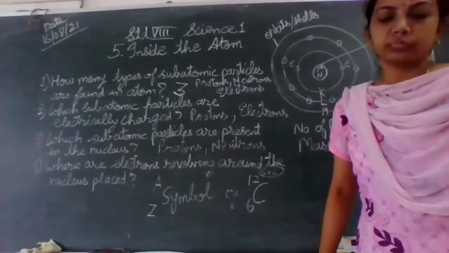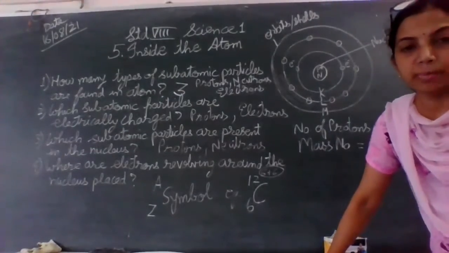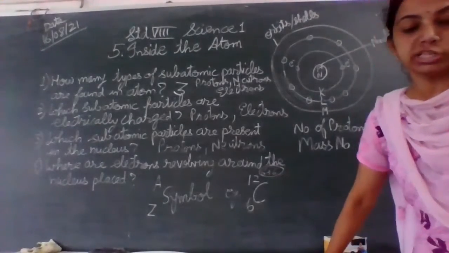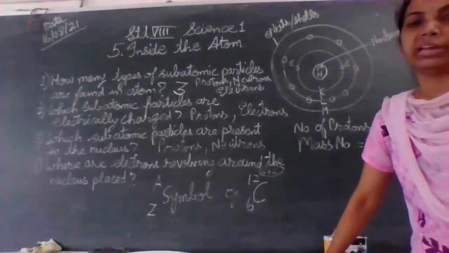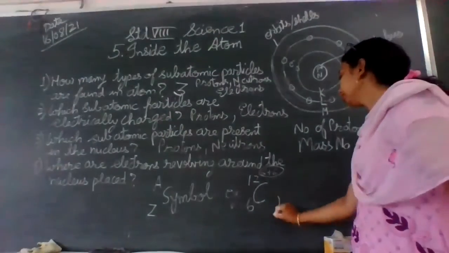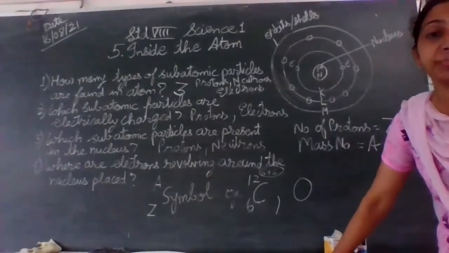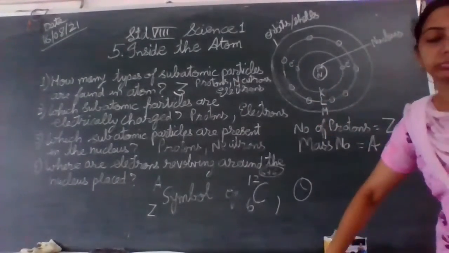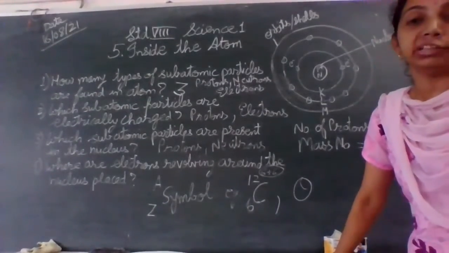So that way the symbols are written, with the atomic mass number and the atomic number, that is the number of protons, written on the left hand side. For example, one more we can take is oxygen. In oxygen, there are 8 protons in the nucleus and 8 neutrons.